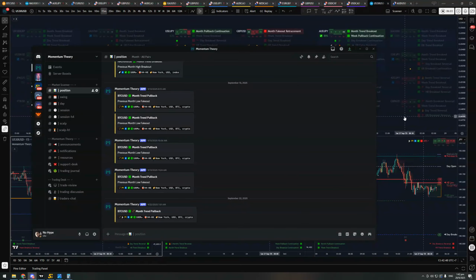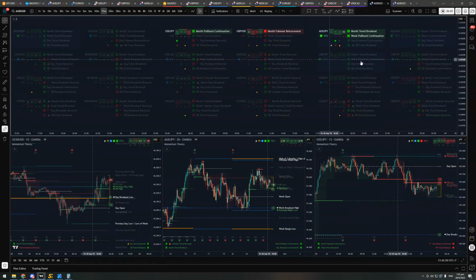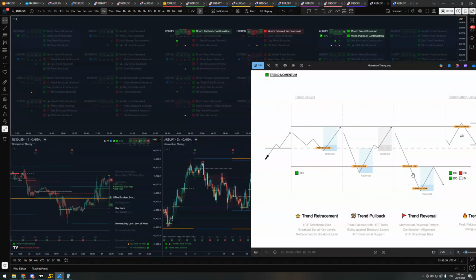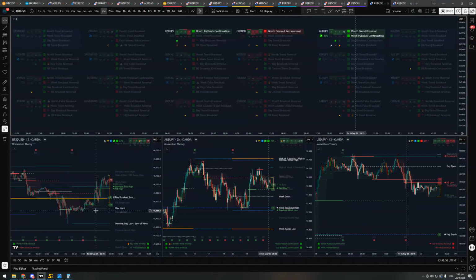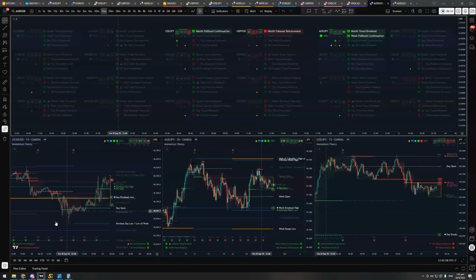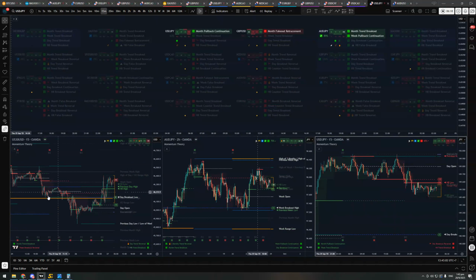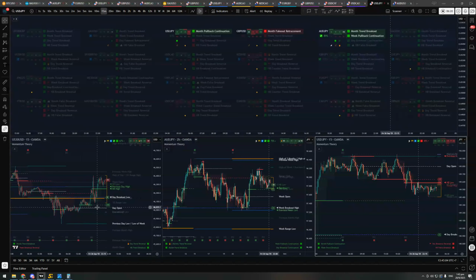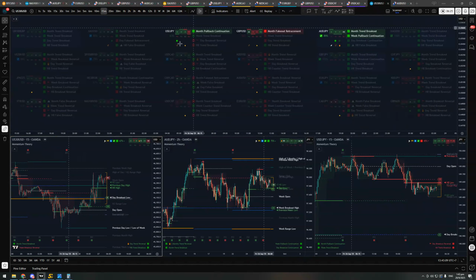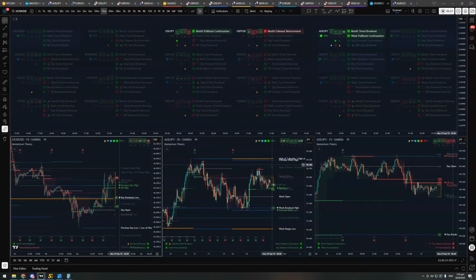But what the scanner is going to allow me to do is see when the price action structure is set up, but it doesn't take into account all the different levels. And that's what the Discord alerts are going to do. Discord alerts are going to see all the higher time frame levels, and I want them to let me know when the best possible trade setups are forming, while this one lets me know if the price action structure has been found.